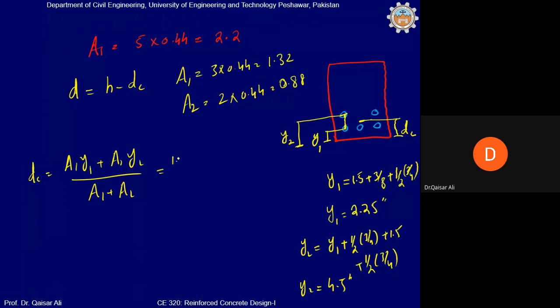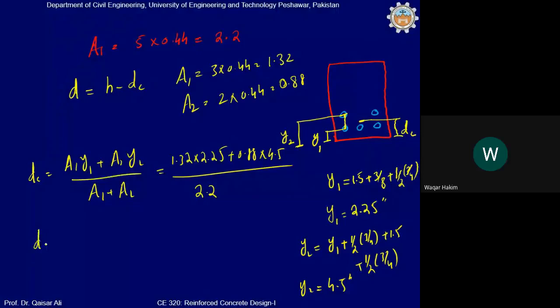A1 is 1.32 multiplied by y1 plus A2 is 0.88 multiplied by 4.5, divided by 2.2 total area. A1 plus A2, if we add them, will give you total area 3.15. This is equal to 3.15 inches.